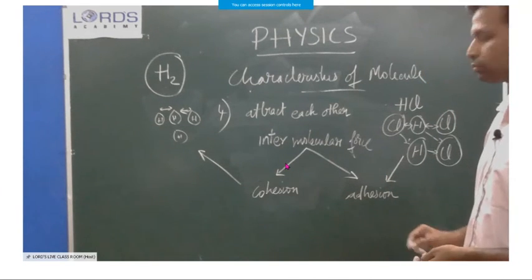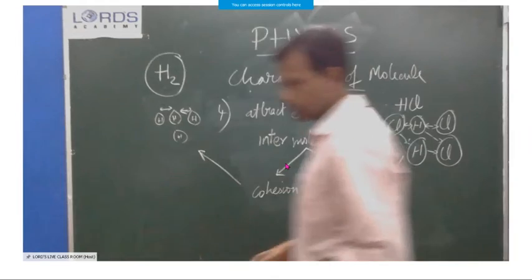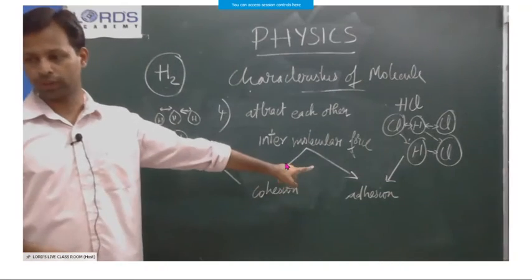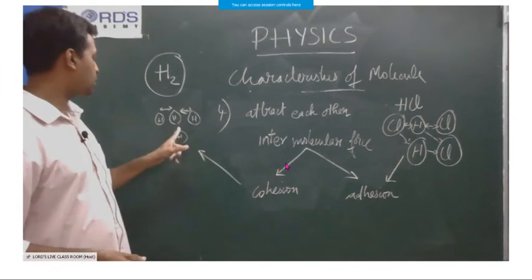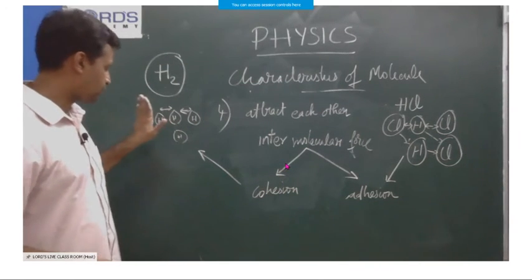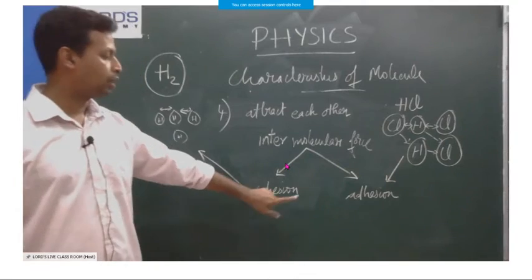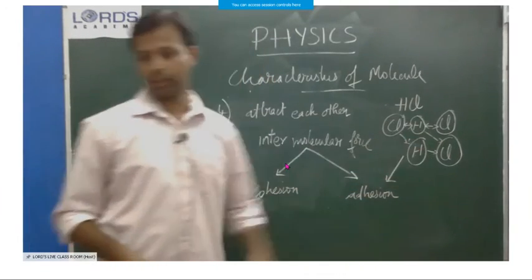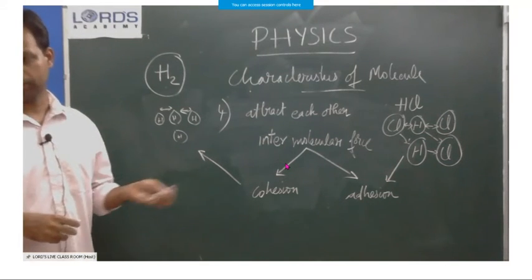In intermolecular force there are two types of forces. The attraction between molecules of the same substance is called cohesion, and of different substances, different species, it is called adhesion.